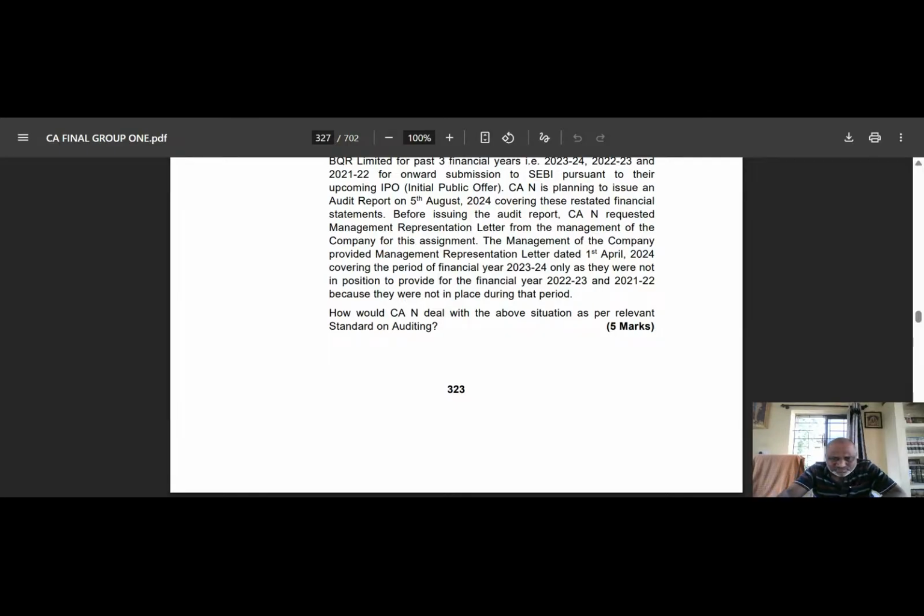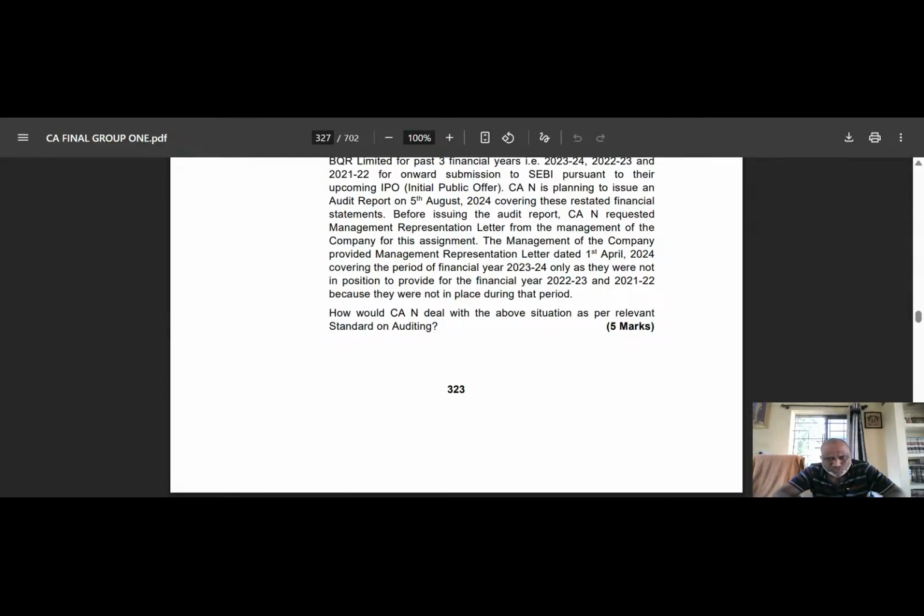In case the management of BQR Limited does not provide written representation as requested, the auditor shall discuss with the management, re-evaluate the integrity of the management and take appropriate action, including the impact on the auditor's report as per SA 705.